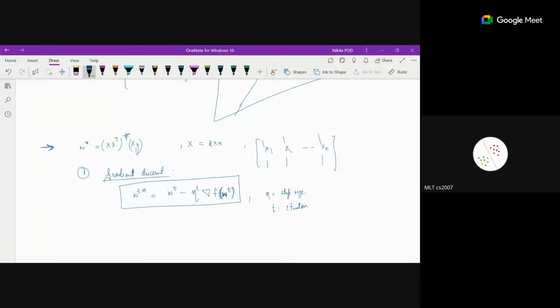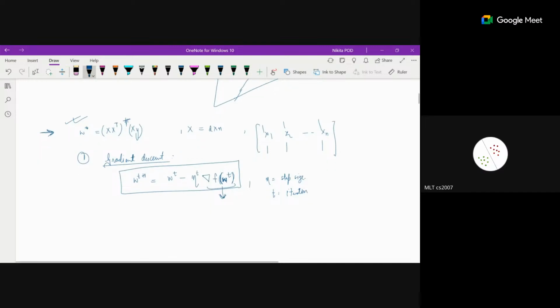Using gradient descent is one way we can tackle this problem of computing the inverse, because when you look at this gradient, it doesn't require any inverse computation.